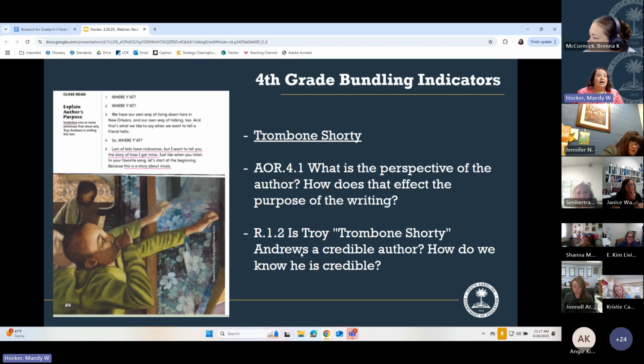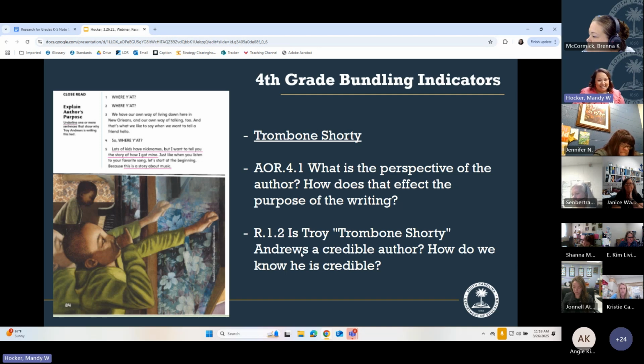Okay, and it's an autobiography of sorts where they tell the story of how they became a famous trombone player. Okay, and so the author, we know his perspective is that he was a trombone player, learned to play trombone very early, and has had great success with playing the trombone.